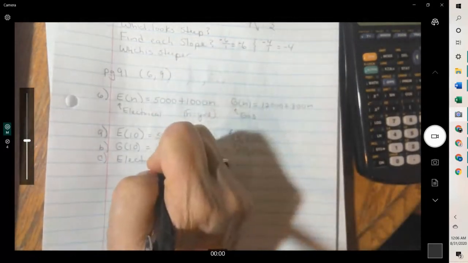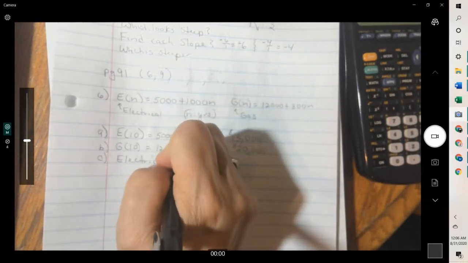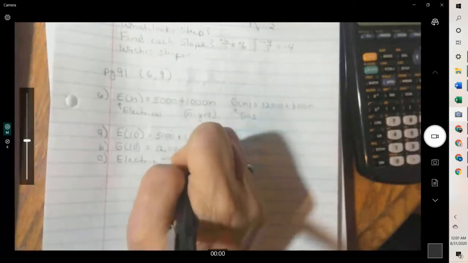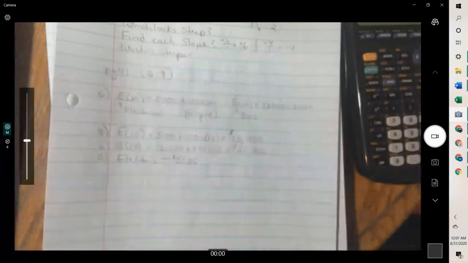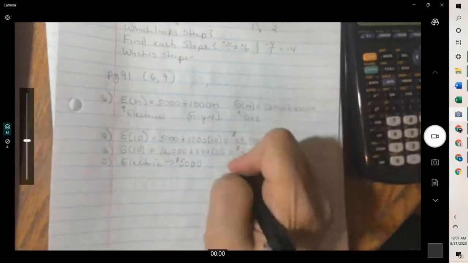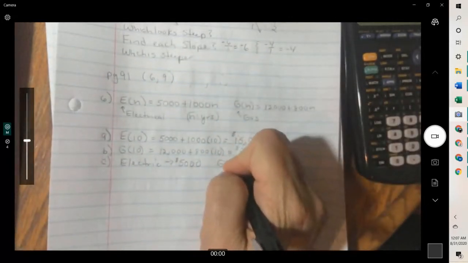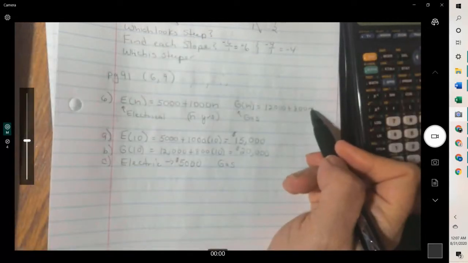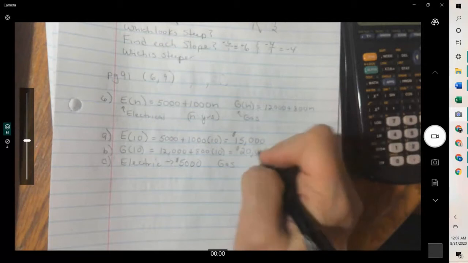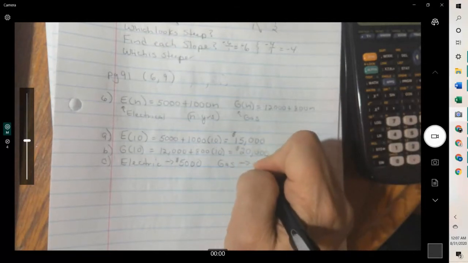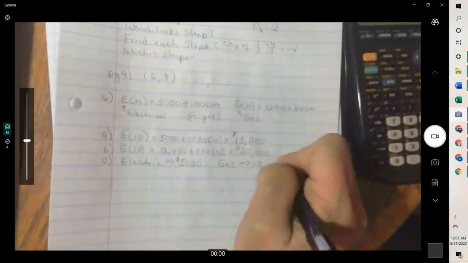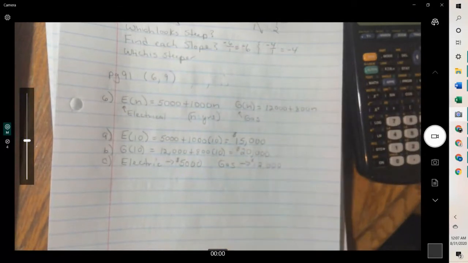So electric costs $5,000 to put it in, to start it up. Where gas, plugging in 0 here to start, our constant is 12,000. So again, this was more.